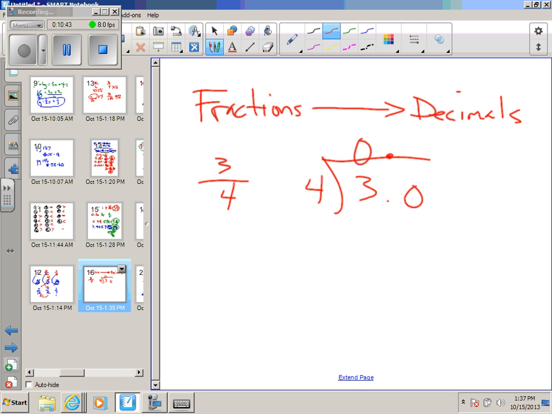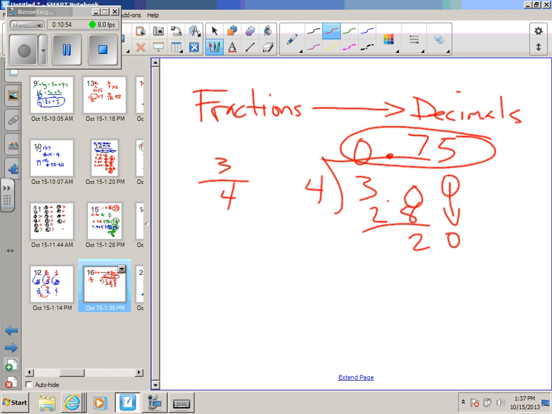Because there's 0 in your ones place. So then we can finish it off. 4 into 20, 5. 0.75.